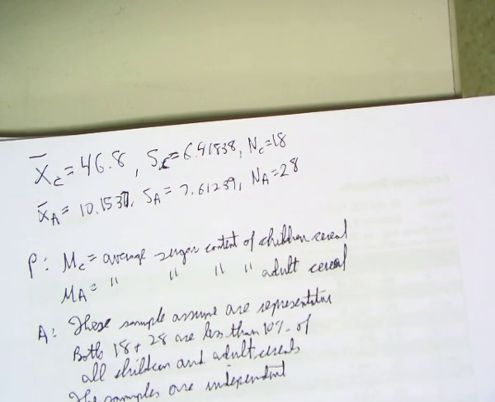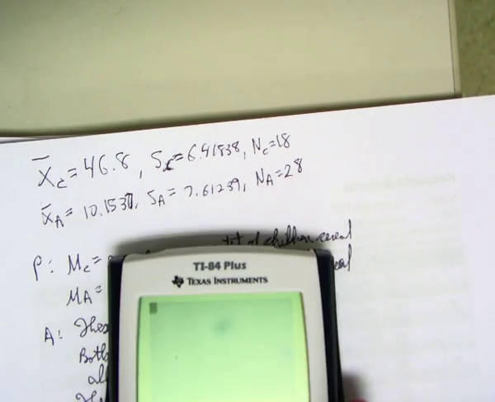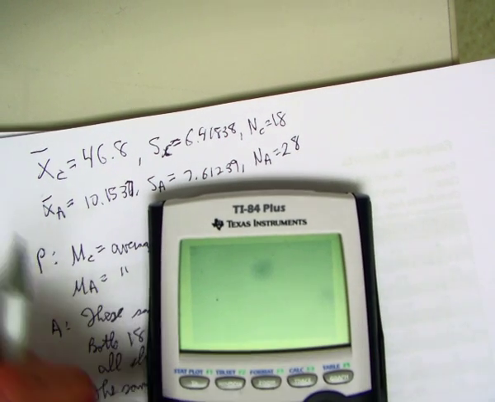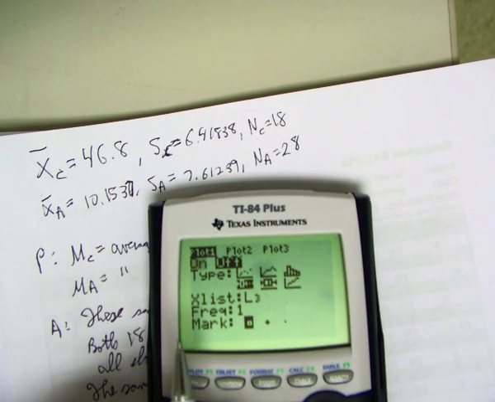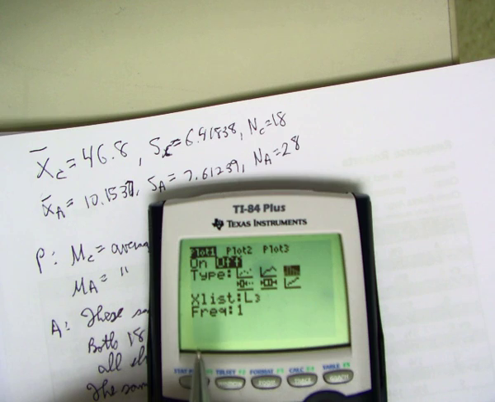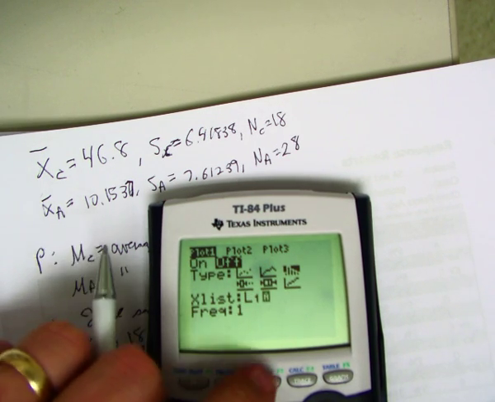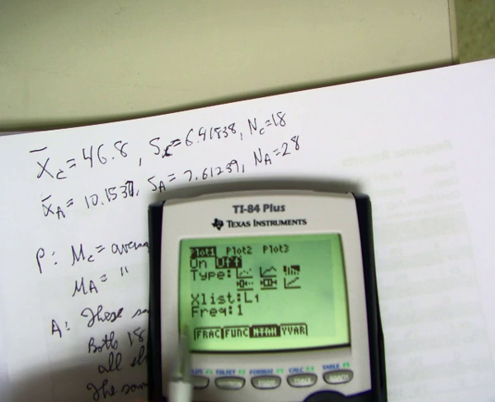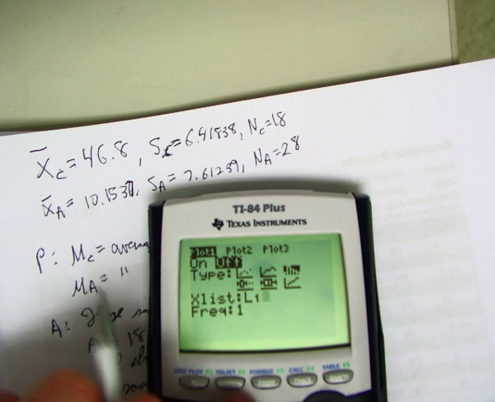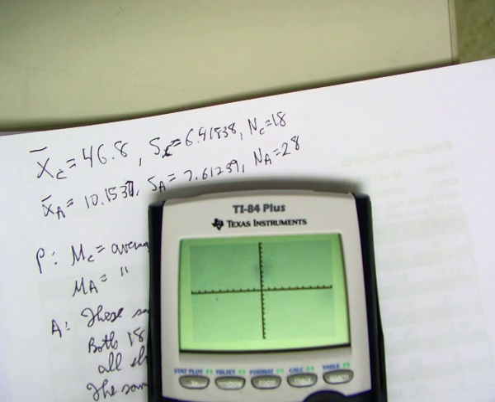Okay. Now we have to look at the histogram. So let's go to plot 1. We'll go to histogram, L1, and then go to zoom, stat.